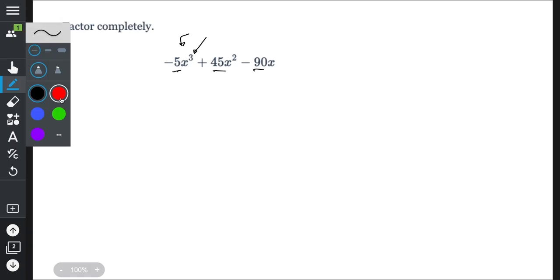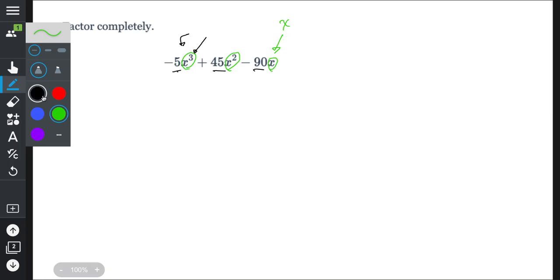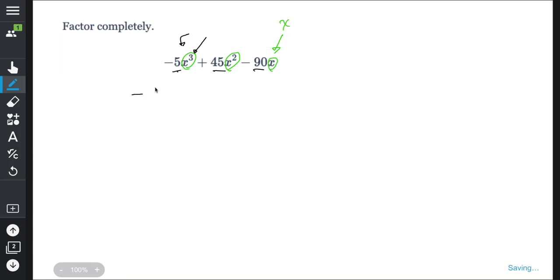Second, we're looking at the x's and we're counting them up. X, 3 x's, 2 x's, 1 x. The most we can pull out is 1 x. So our GCF will be negative 5x.